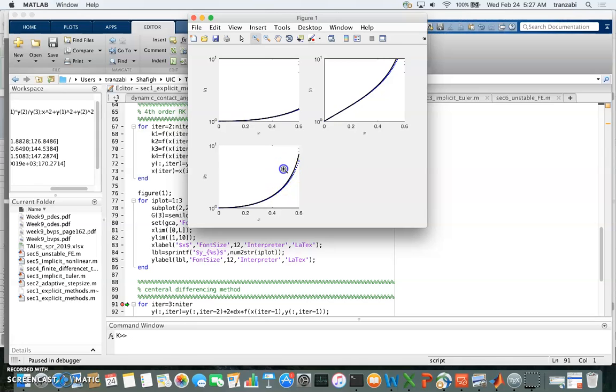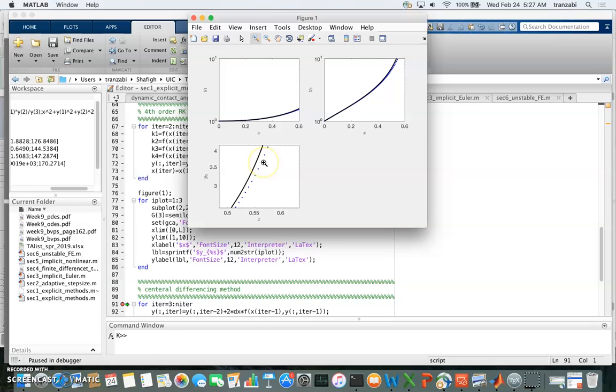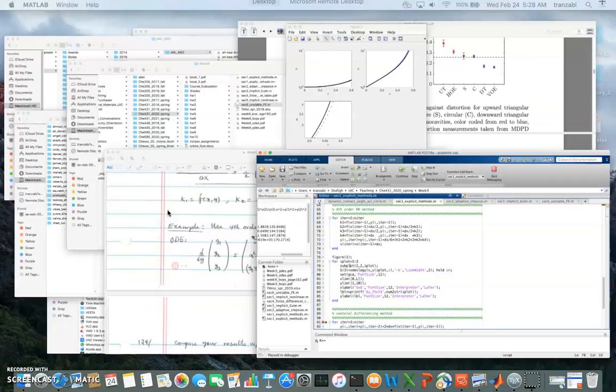The dots are the explicit Euler, or forward Euler, and then the black and red are right here. These are coming from RK2 and RK4. Because they're more accurate and closer to the exact solution, they stay together almost, and they're a bit far from forward Euler, because forward Euler is first order. Okay, so that was RK4.